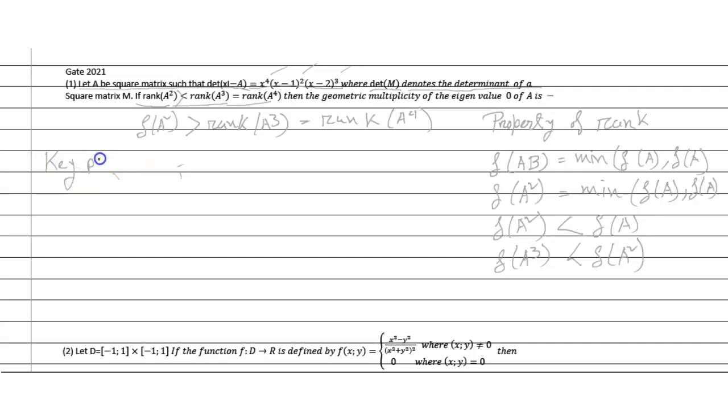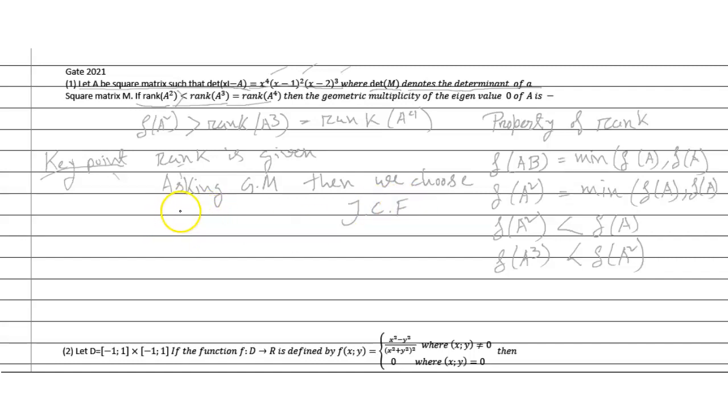I write the key point: when the rank is given and they are asking for geometric multiplicity, then we choose the JCF. JCF means Jordan canonical form.